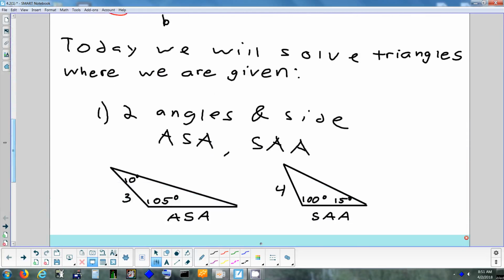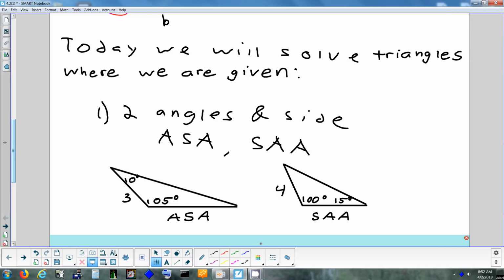The one on the left that says ASA, just look at the placement of the S. The S is between the 2 A's. The side is between the 2 angles. In the example on the left, the side that's 3 units long is between the 2 angles. It's the side that connects them. In SAA, you still have the same pieces of information, 2 angles and a side, but look where the S is. The S is not between the 2 angles.